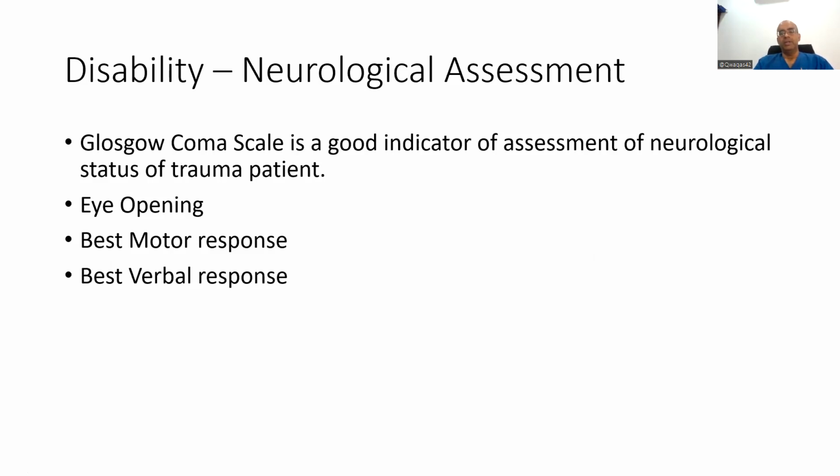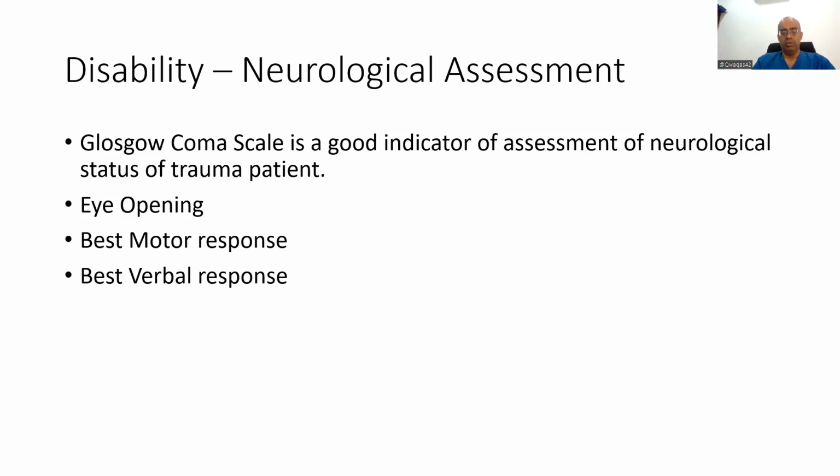So the next component is the D component of the primary survey. And this D component is the assessment of disability. It is important that you understand that this disability is not the musculoskeletal disability. This disability we are talking about is the head trauma or head injury. So it is the neurological assessment of the trauma patient regarding disability of the brain.